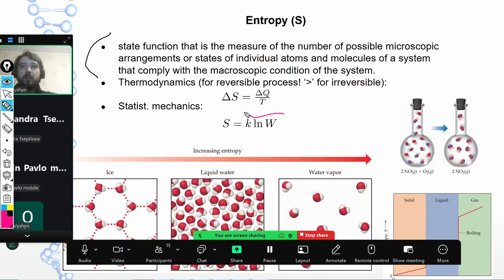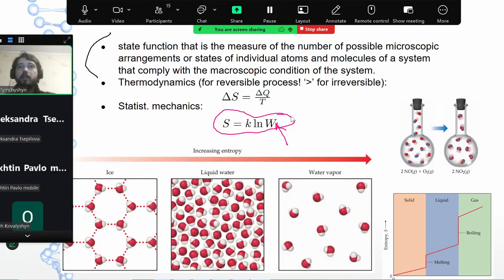In statistical mechanics, you will have this formula for the entropy, where this W is the number of microstates. The question of how we calculate the number of microstates depends on the physical system.